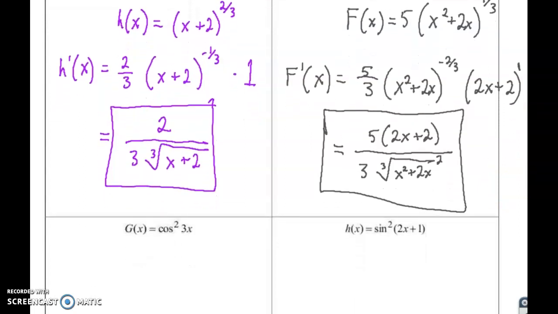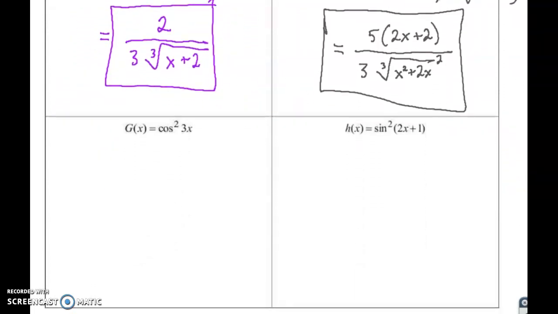That's what I want. On the last two problems, what you'll notice is you actually have a chain inside a chain. I know I just mentioned that this is called the chain rule. I think it's something about links. I don't know. I didn't name anything in math. But what I'm going to give you is multiple parentheses.